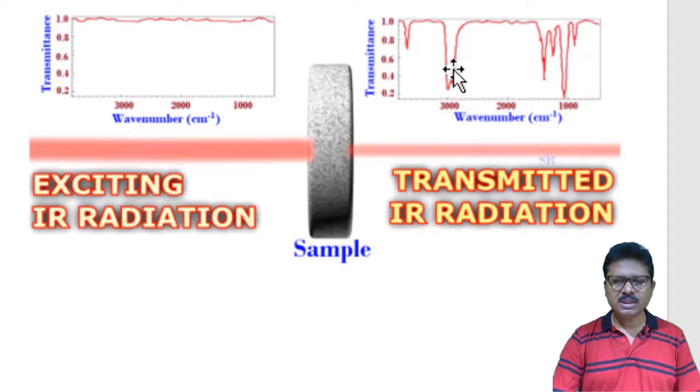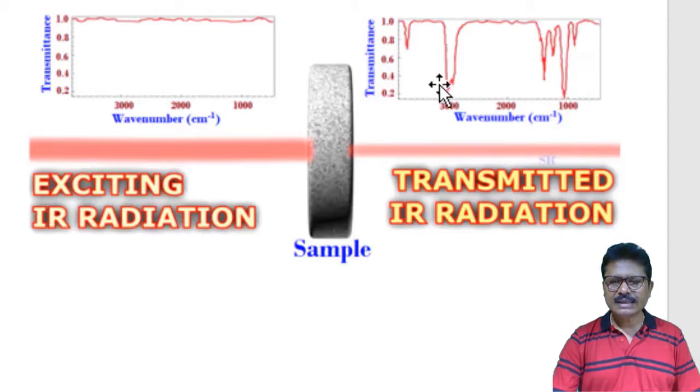So at this position the intensity is very low, again at this position the intensity is very low. In the transmitted spectrum, the intensity of a few wave numbers has significantly dropped. It indicates that radiation of the corresponding wave number has been absorbed by the sample due to the specific vibration.